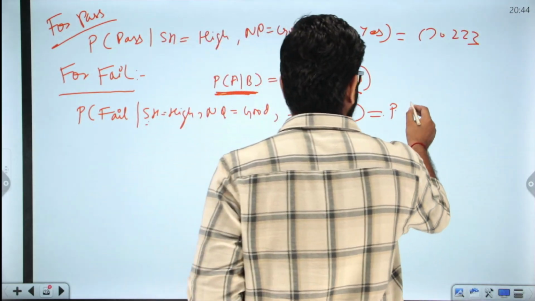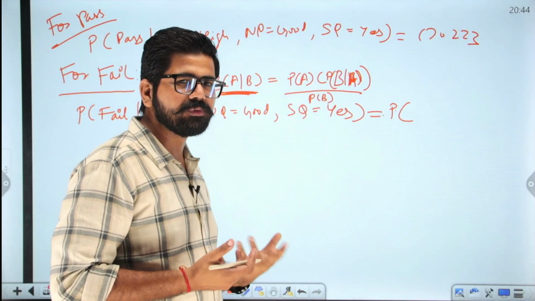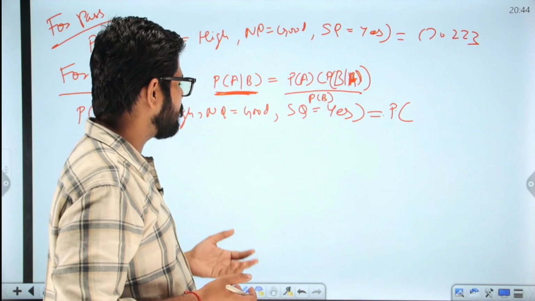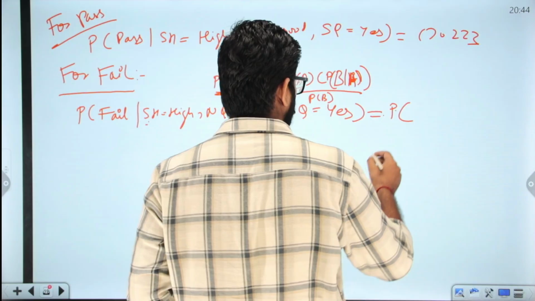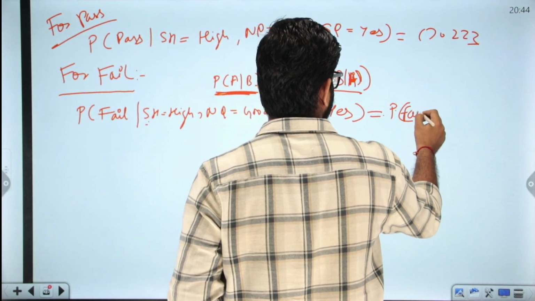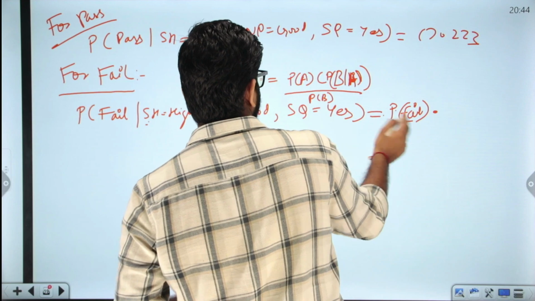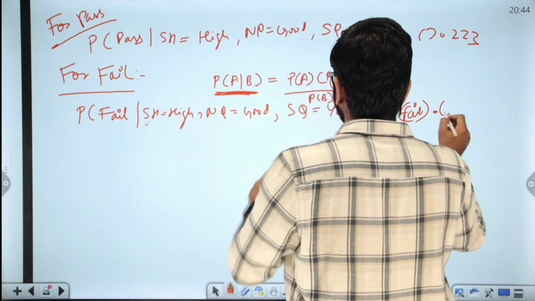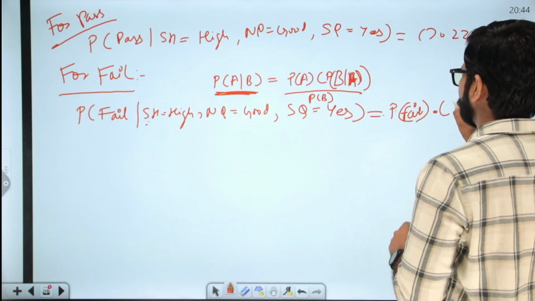So probability of, yes, school examination or just university examination, you can just go with that. You can easily find out there. Okay, so here we can simply say that probability of fail, you can find by multiplying P(A) by P(B|A). Now P(B) is all these features, so you just multiply those features one by one.